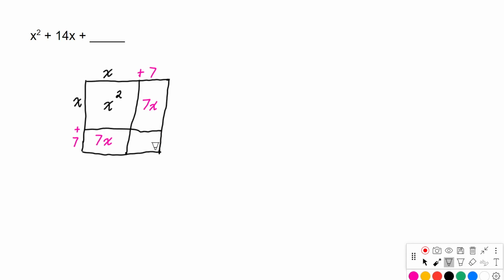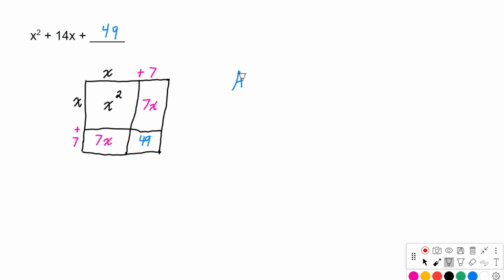So then this lower right corner is going to be, think of it as 7 columns by 7 rows, so 7 by 7 is 49 square units. So x squared plus 14x plus 49 is a perfect square trinomial.